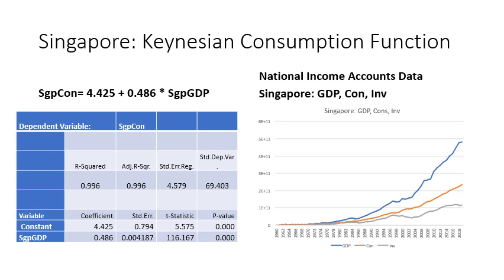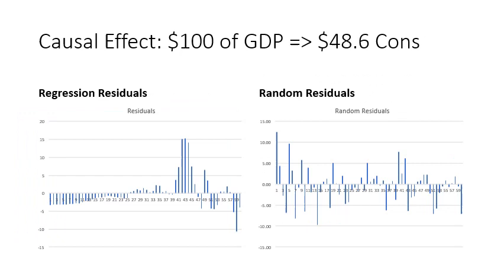So according to all statistics, this is a fantastically good regression. Of central importance for our purposes is the idea that this regression has a causal interpretation. It says that if we change the GDP by $100, then the consumption will change by $48.6.